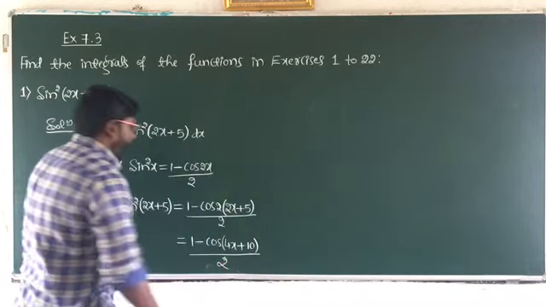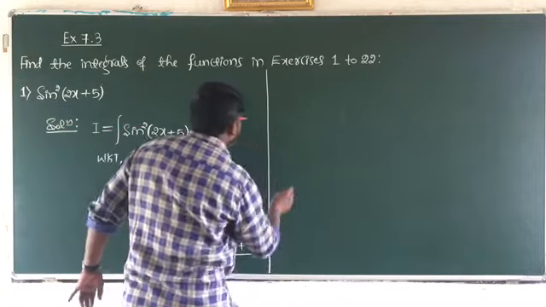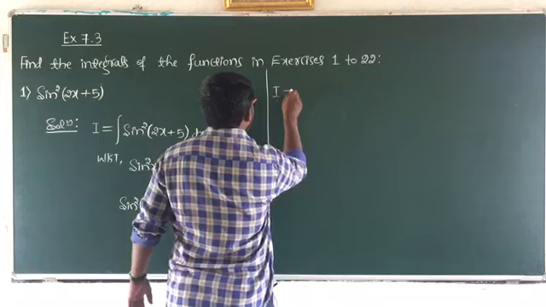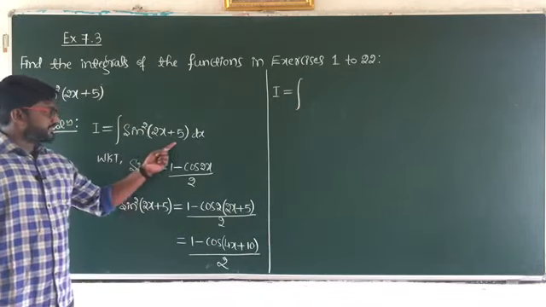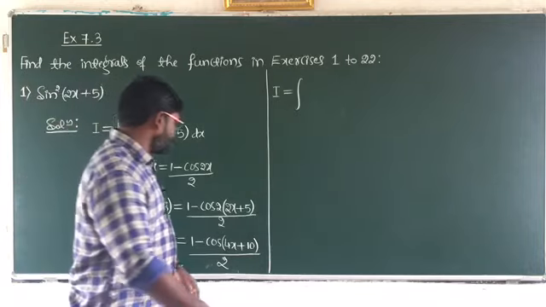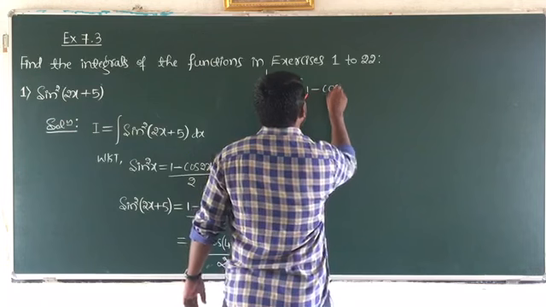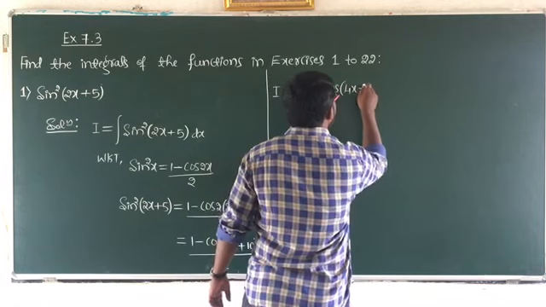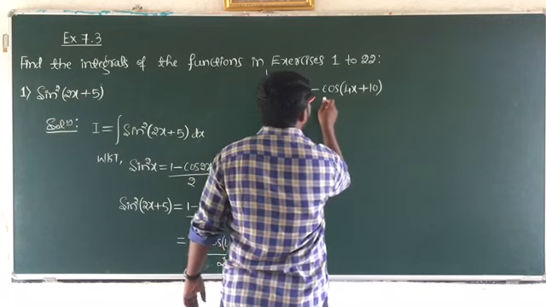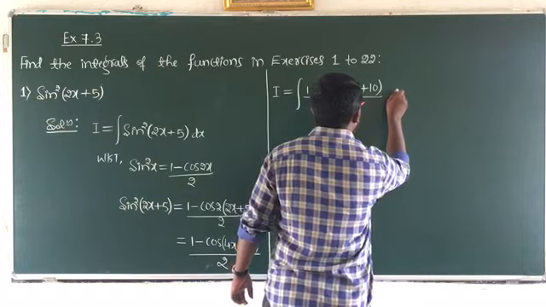So now we have to rewrite the integral I, which is equal to the integral. In place of sin square (2x plus 5) we can write (1 minus cos (4x plus 10)) divided by 2, dx.